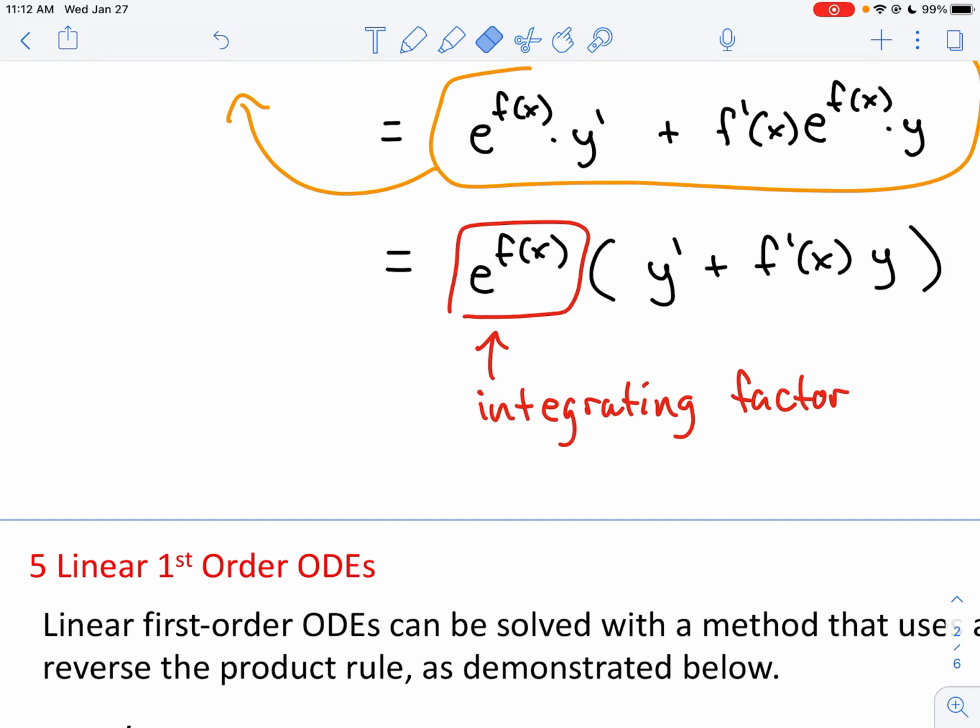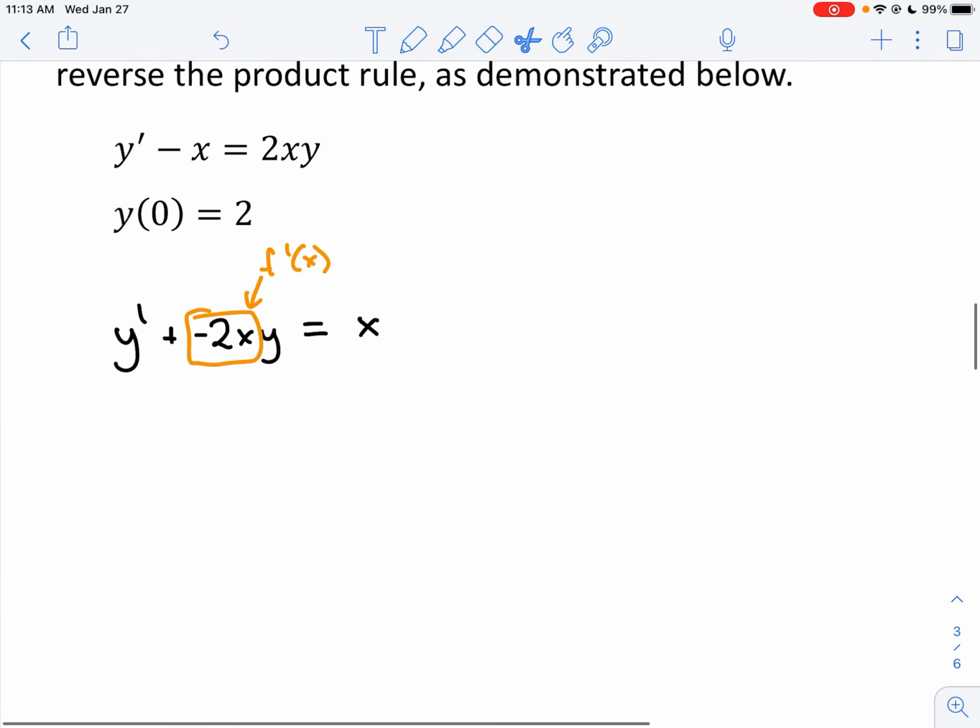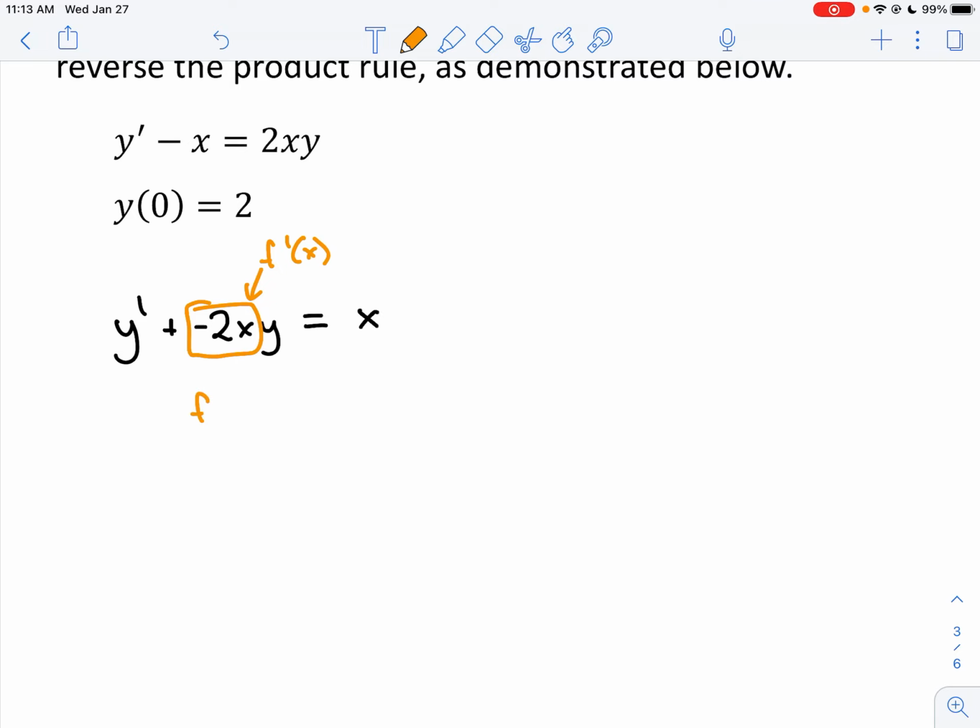So the next thing we have to do is determine what the integrating factor is. We have to come up with this e to the f of x component. So if f prime of x is equal to negative 2x, then f of x, do an antiderivative, would be negative x squared. And don't worry about the plus c at this stage.